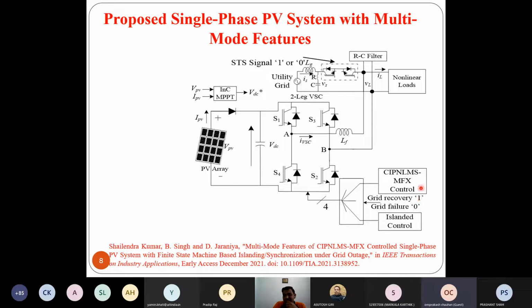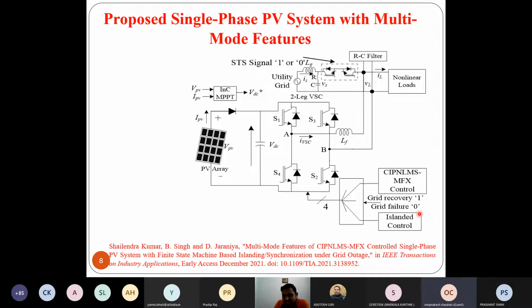Whenever there is grid recovery, we have decided the condition when grid recovers, we will give one signal. And if this control gets 1, this current control will be activated. Whenever there is grid failure, this control gets 0, and the islanded control will be activated.